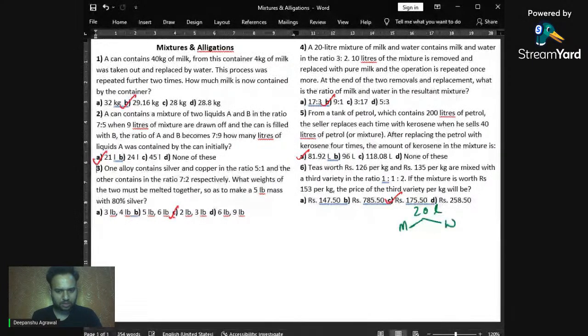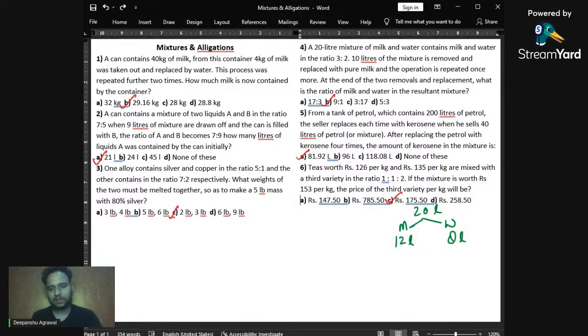So in the 20-liter mixture, 3:2 will mean 12 liters would be milk and 8 liters would be water. If 10 liters of the mixture is removed and replaced with pure milk, so we have removed 10 liters. So if 50% of the total mixture is being removed, then 50% of milk would be removed and 50% of water would also be removed.